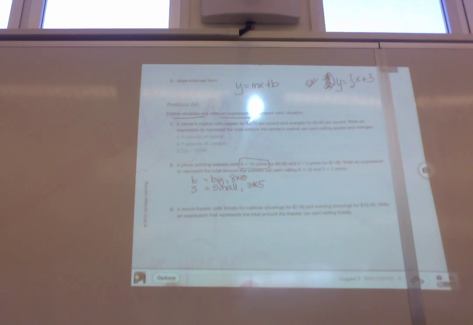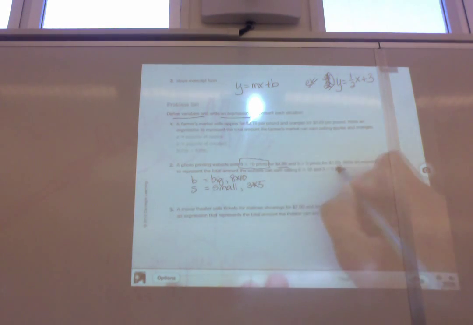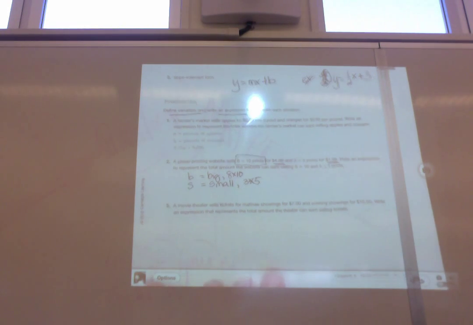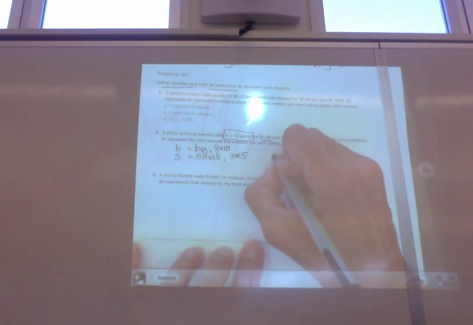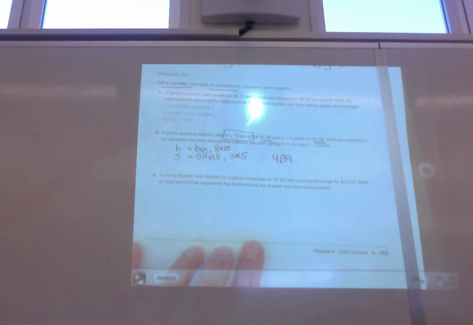Okay, what's the equation we're going to make? We were given some info about those. I've got a $4.99 here and a $1.99. I need to write an equation. These lend themselves to standard form. You've done it twice. How about this? I'm going to start with $4.99. What am I going to write right next to it?